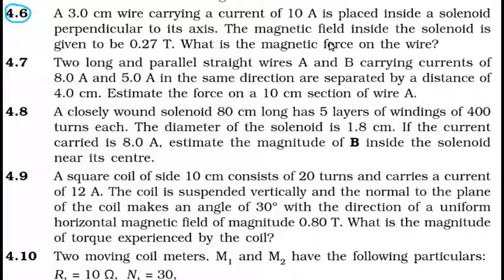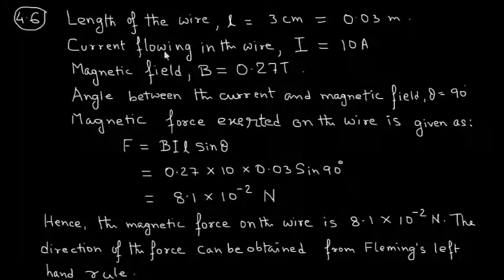The magnetic field inside the solenoid is given to be 0.27 T. What is the magnetic force on the wire? Length of the wire L is equal to 3 centimeter, that is 0.03 meter. Current flowing in the wire I is equal to 10 ampere.